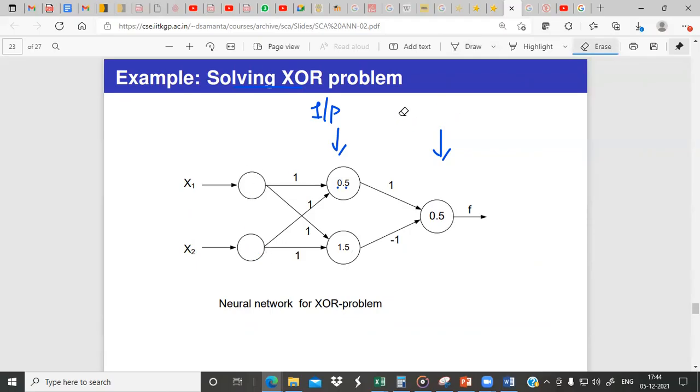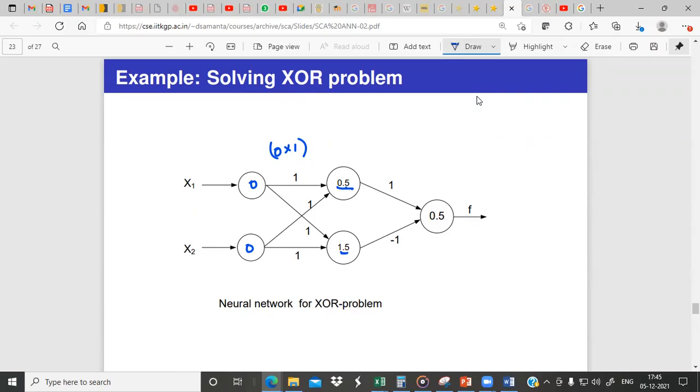Now let us try to plug in some values and see how it works. Say if the input is 0, both are zeros, then what happens? This is 0 into 1. 0.5 is the threshold for this neuron and 1.5 is the threshold for this neuron.